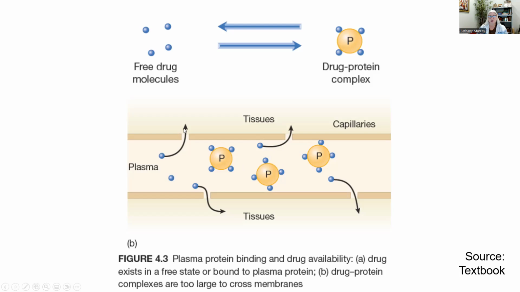The smaller molecules can get through the lipid layer membrane to the target organs or tissues, but the larger ones cannot. And so they continue on through the bloodstream, go to the liver, are metabolized, and may then become excreted in an unchanged form.